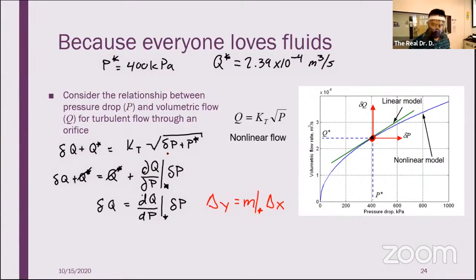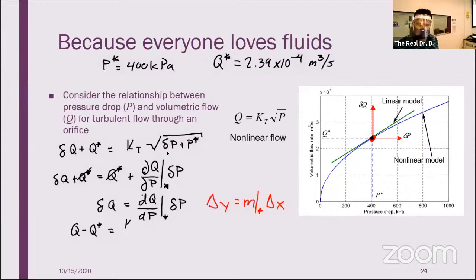Delta Q is just Q minus Q star, right? We know what Q star is. What's dQ/dP? Well, if I take the derivative of this function up here, that's K_T times P to the half.